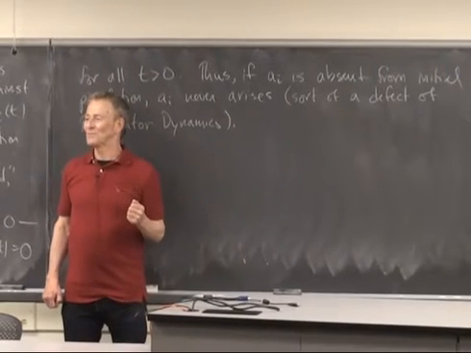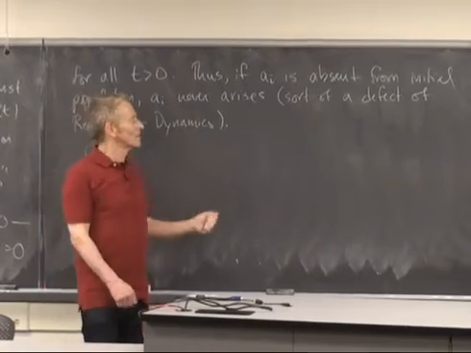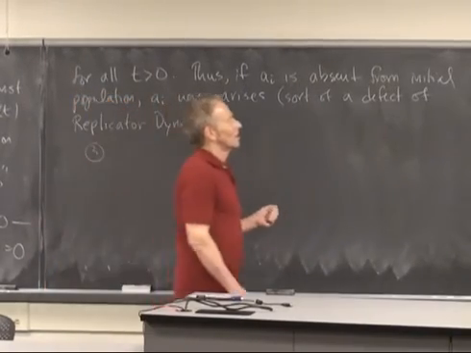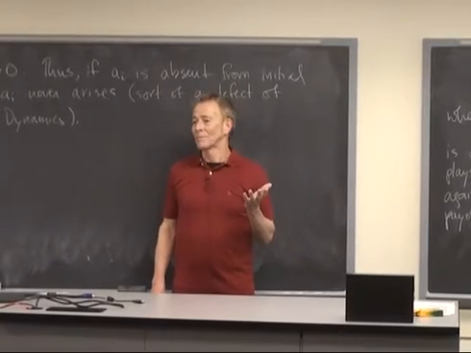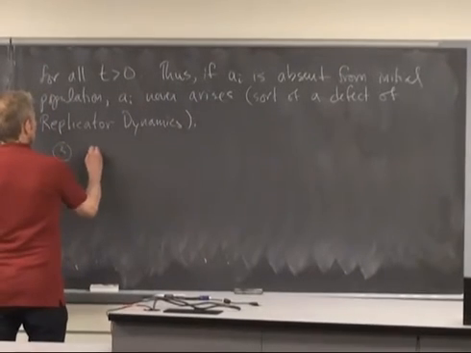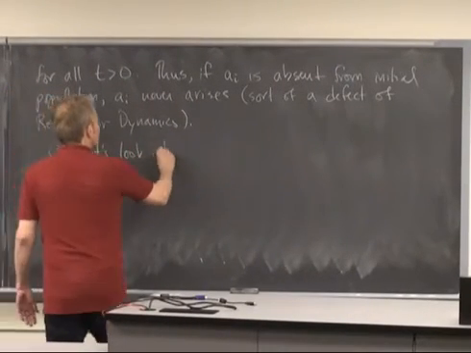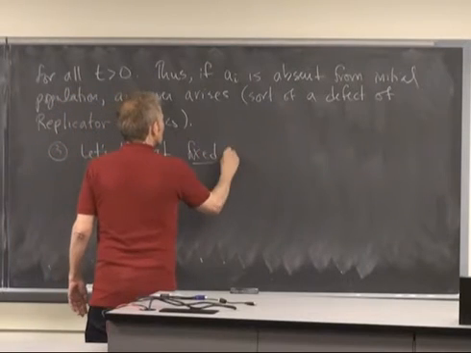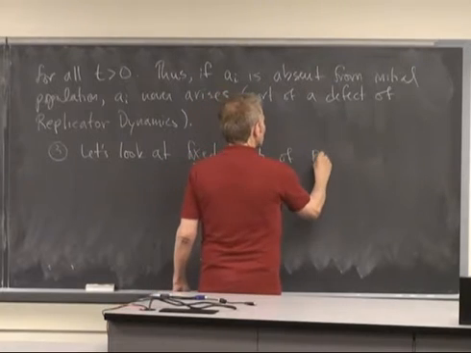That's the first thing you look for, fixed points. What's the simplest thing that can happen in a difference equation? You can start somewhere and you can stay there forever, right? So what are the fixed points? So let's look at the fixed points of the replicator dynamics.